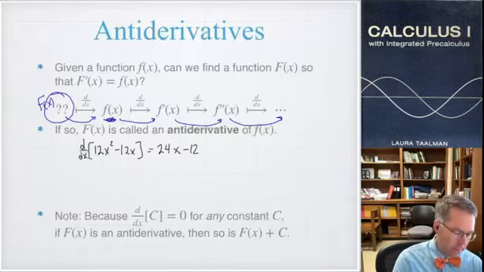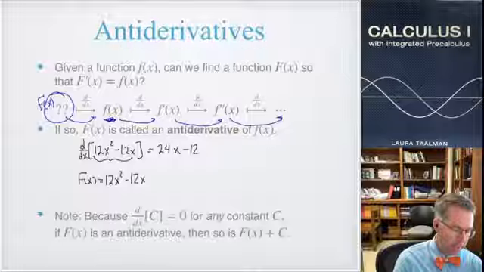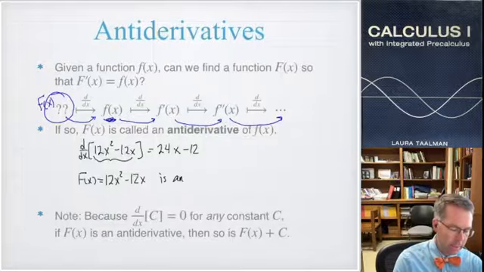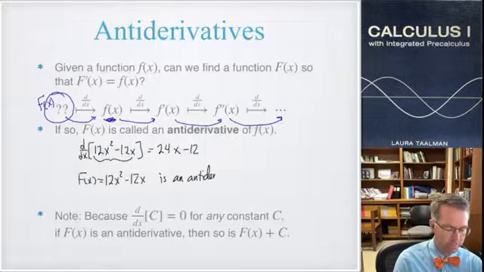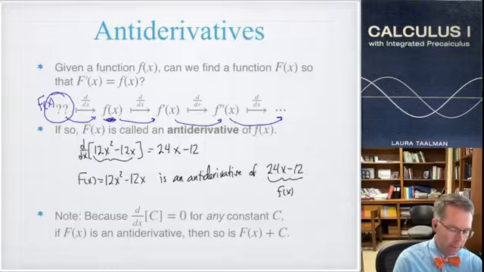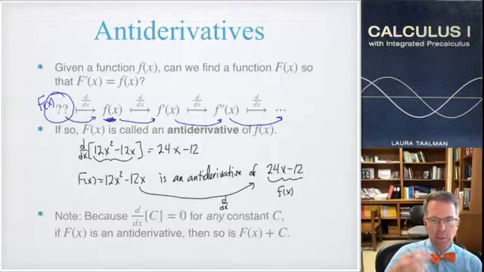That means that this function, f of x equals 12x squared minus 12x, is an antiderivative of 24x minus 12. This would be my f of x function. This is the antiderivative because when you take a derivative of it, you get the 24x minus 12.